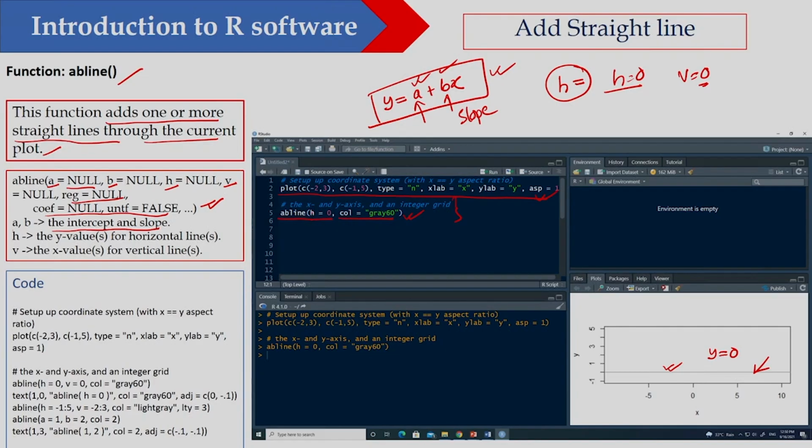So, I can draw a horizontal line using the abline function. I just have to write abline and define h; here I have defined h equal to 0, but if I define 1, it will draw the line y equal to 1. Similarly, if you want to draw at 3, you write abline with h equal to 3, and it will draw a horizontal line.